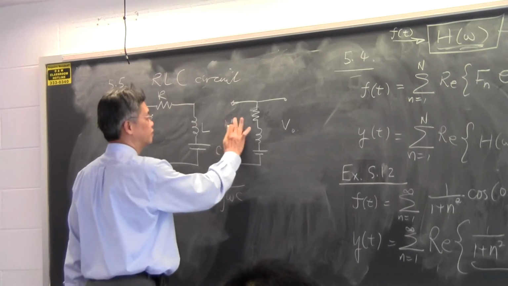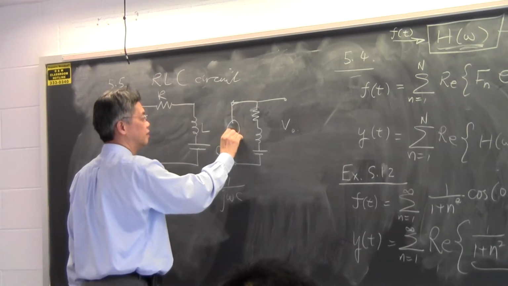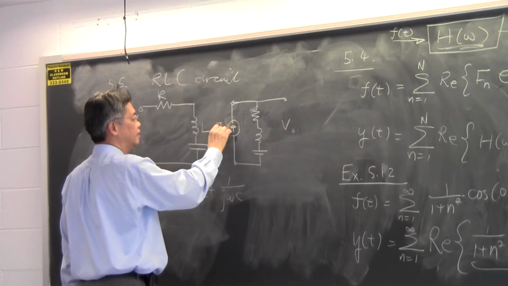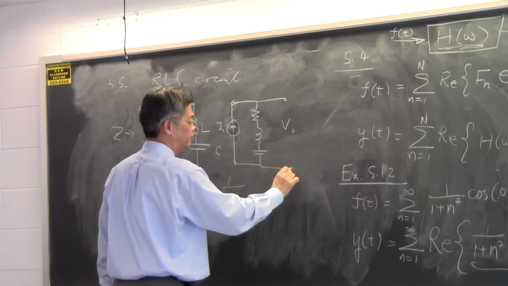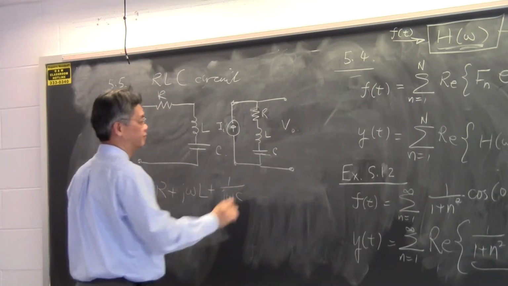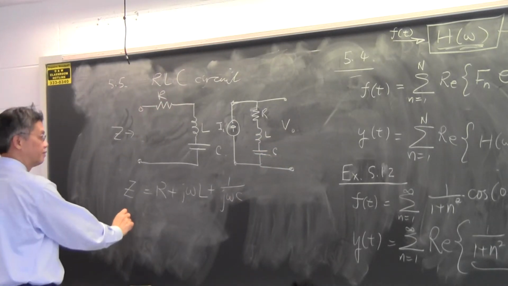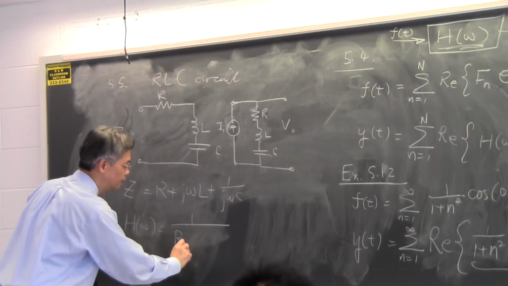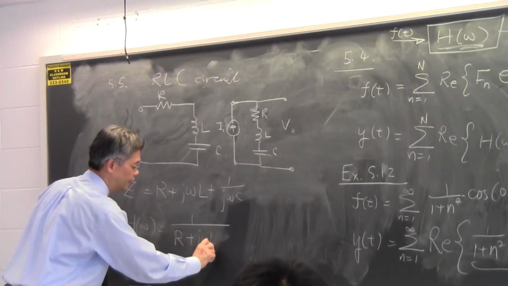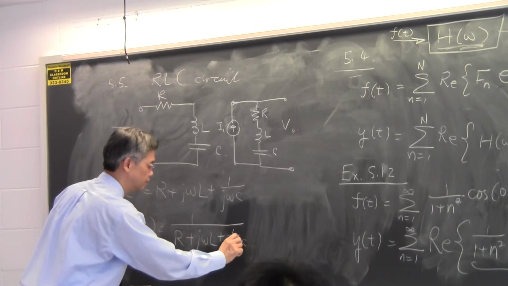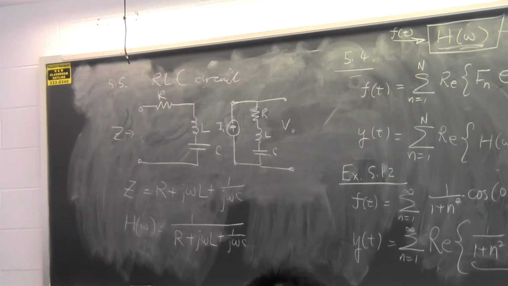If I put a current source here, I input, and then if I have a circuit of this manner, then the transfer function will look something like 1 over R plus j omega L plus j omega C. The transfer function will look something like that.